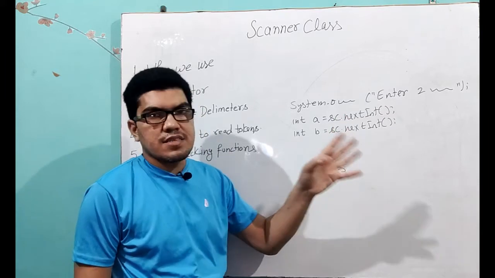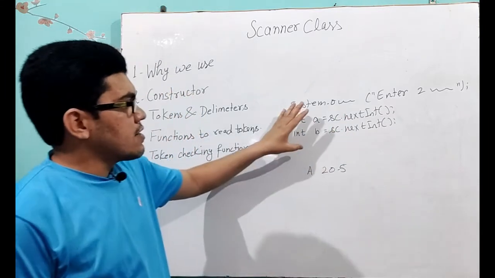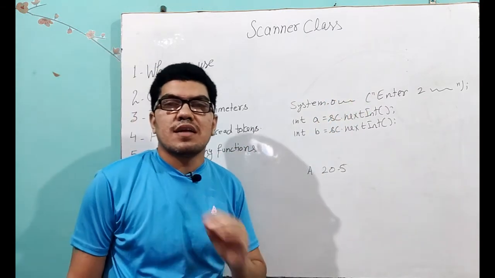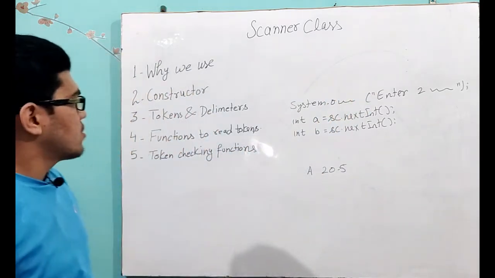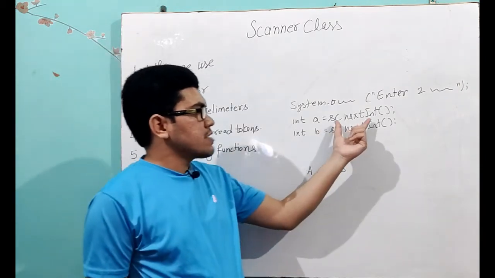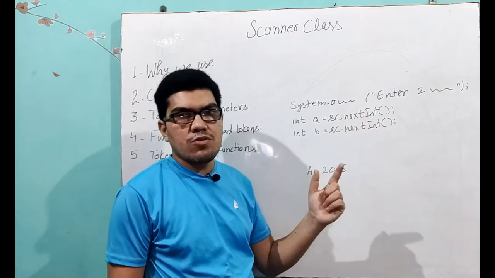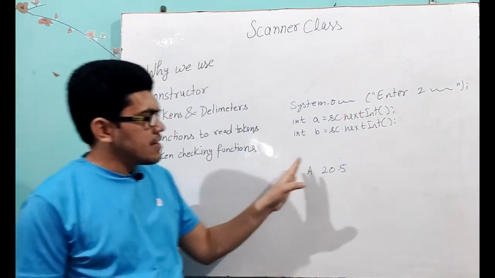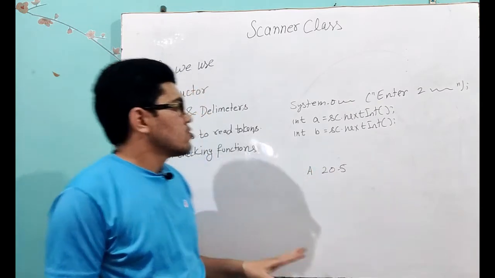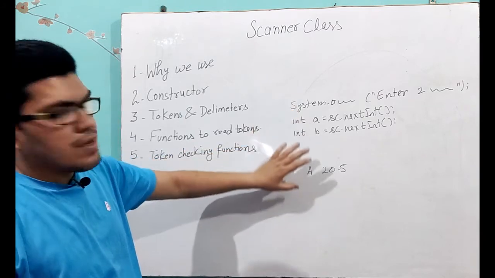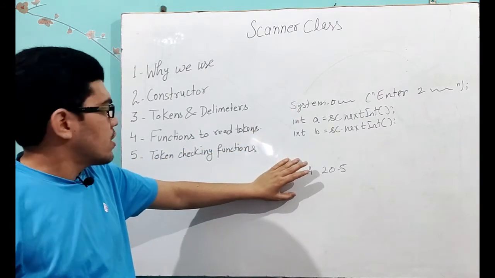Then in such cases, what will happen? Runtime error will occur in our program. Why does this runtime error come? Because we are expecting here int type value, but we have given some other data type value.